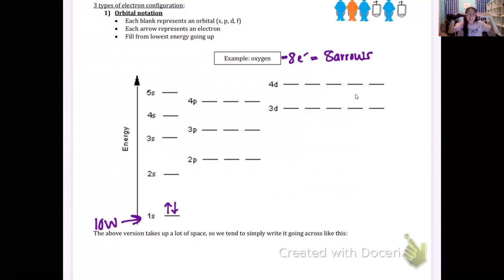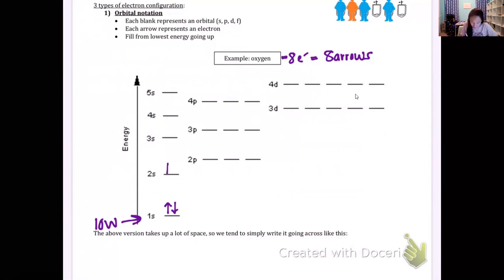So you have to go to the next available house, next available orbital. So what is that? You keep going up, and 2s is our next available orbital. It's still an s house, so we only have 1 bedroom. Each bedroom, we can fit how many? 2 electrons, right?